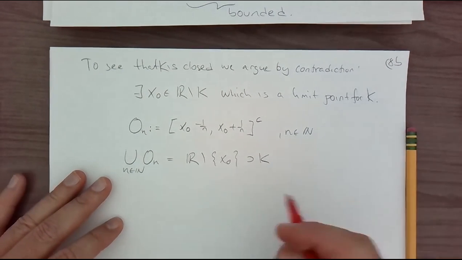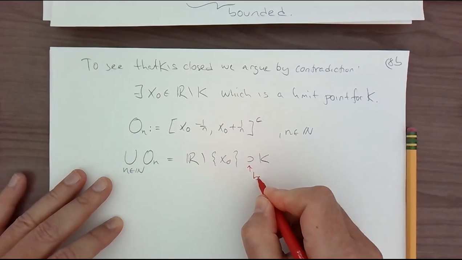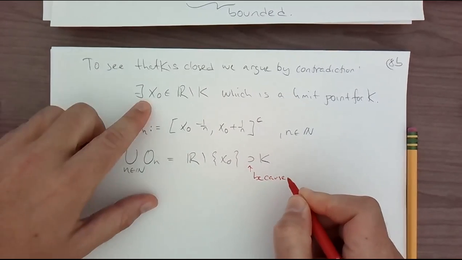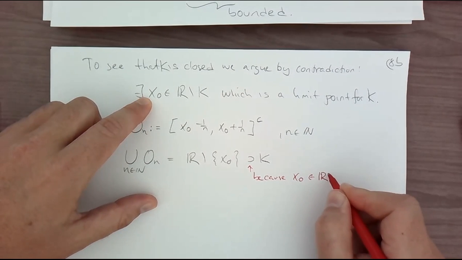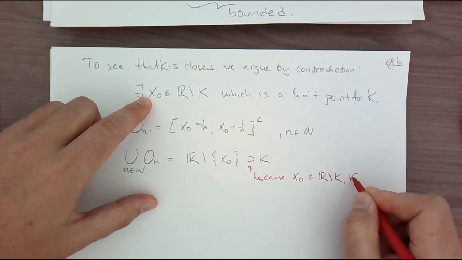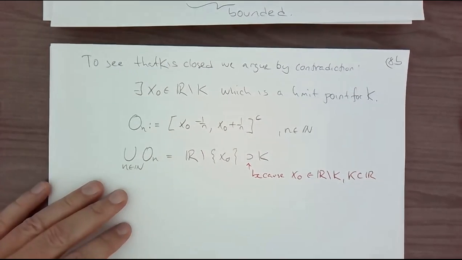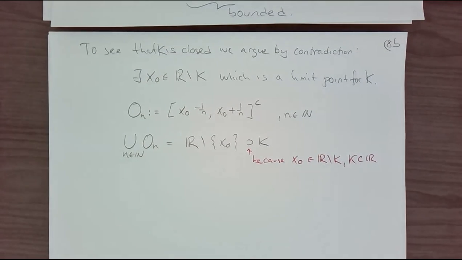This implication here is because what we had up here, that x0 belongs to R less K, and K is of course a subset of R. So we have an open cover.